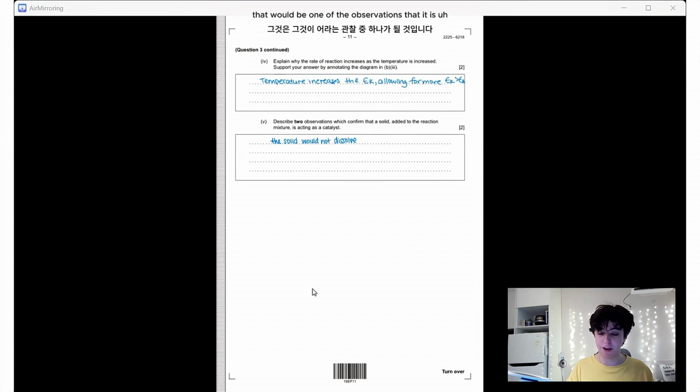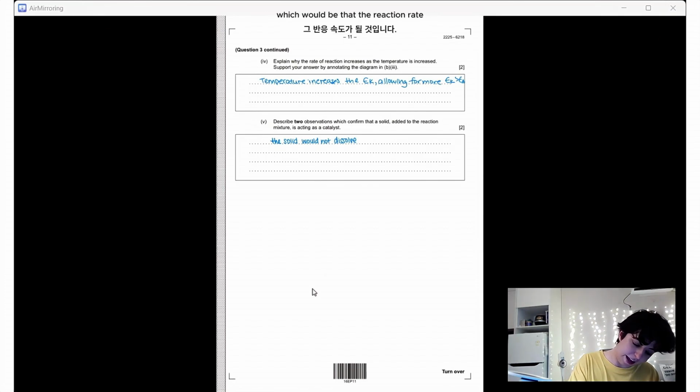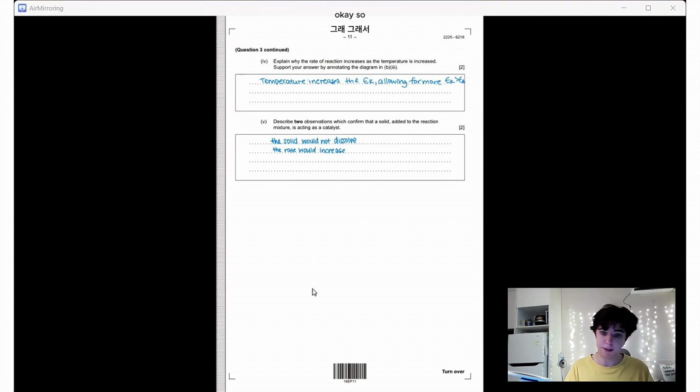That would be one of the observations that it is acting as a catalyst. And then the other one would be the more obvious, which would be that the reaction rate would increase. Those would be the 2 things that would confirm that it's acting as a catalyst in terms of visually what you would see during the experiment.